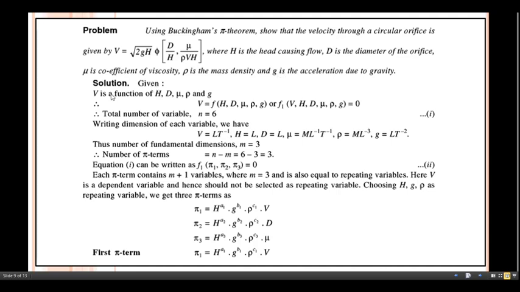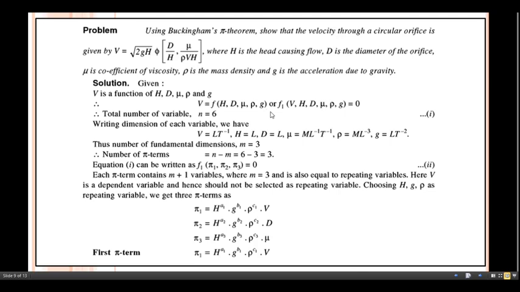Now the given data with us: v is a function of h, d, mu, rho and g. You can simply write it in this way.